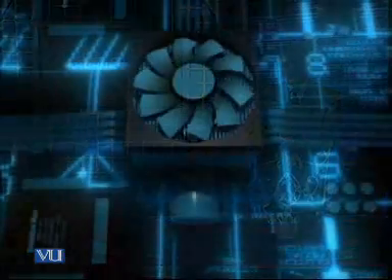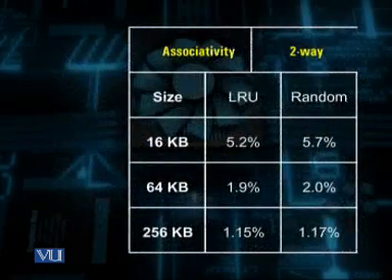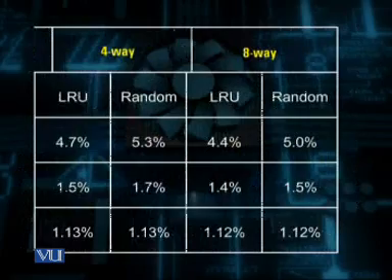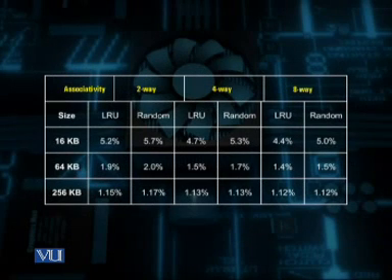Now, let us compare the performance of these three replacement policies. For this, let us consider this table which contains the data for 2-way, 4-way, and 8-way set associative caches of different sizes, say of size 16K byte, of 64K byte, and of 256K byte.